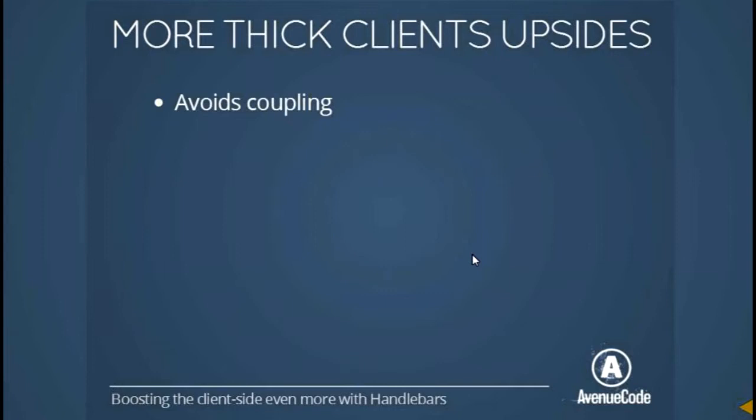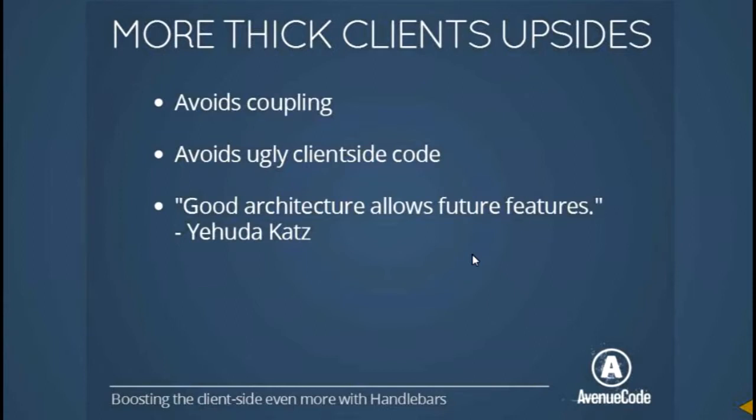You don't need the client to be asking the server every time to get any assets. We also avoid ugly client-side code, as I just explained before. And there's a very nice sentence: good architecture allows future features. The man who said that is a very smart man. He is one of the main contributors to Handlebars.